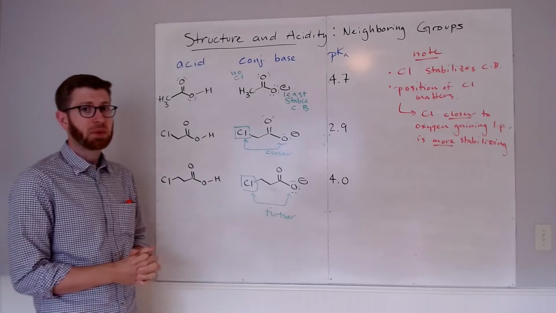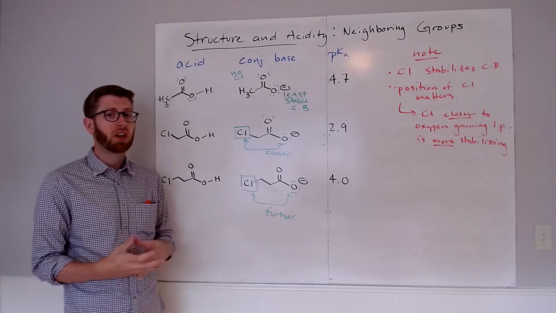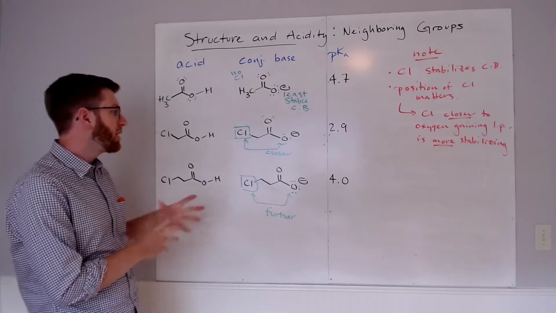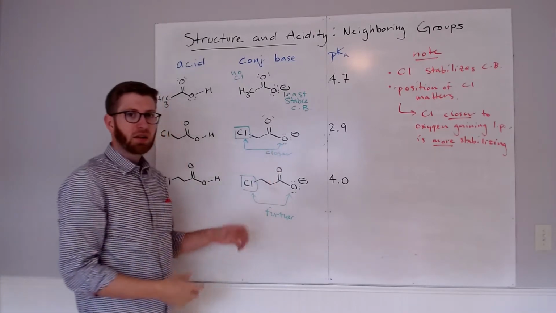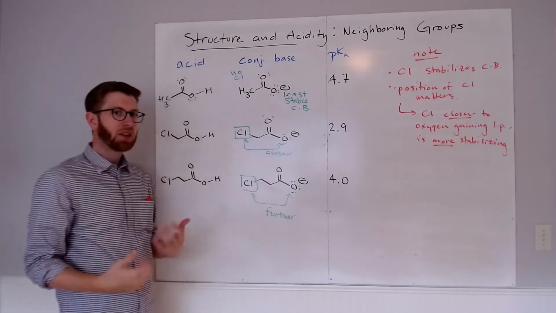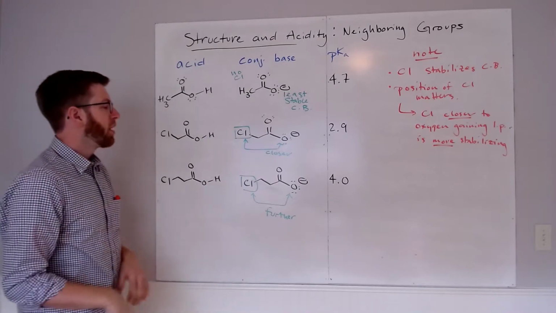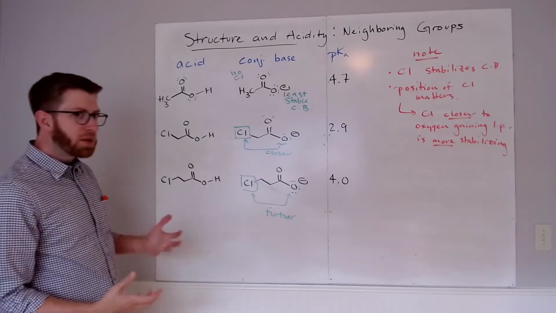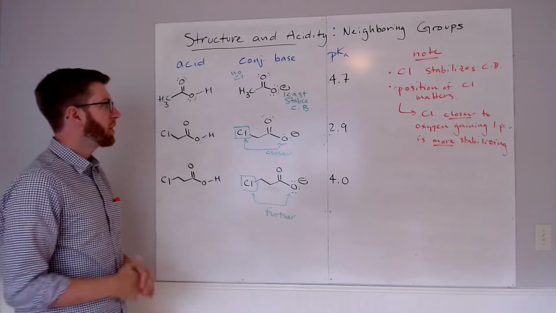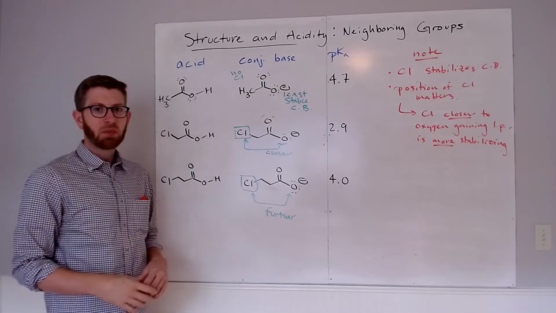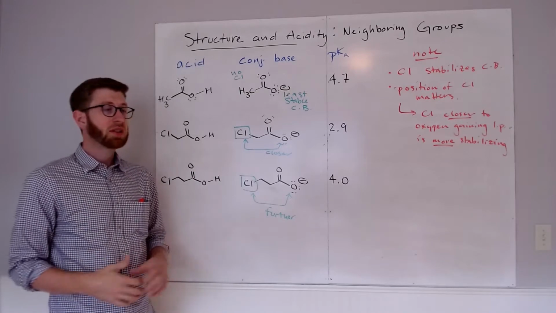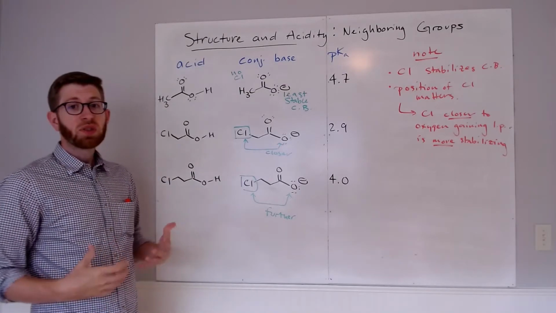Those are concepts about electronegativity or atomic radius. It's not clear to me exactly how we're going to use that because this lone pair that we're gaining onto the oxygen, it's not actually on the chlorine. On the other hand, this does look familiar with some kind of concept that we've talked about before this semester, where the proximity of an element like a chlorine atom or something else that's highly electronegative influences electron density.